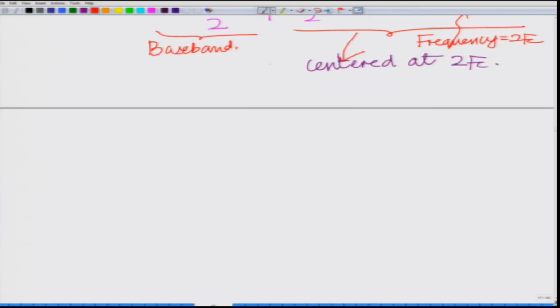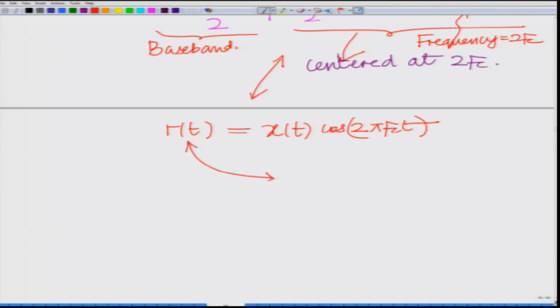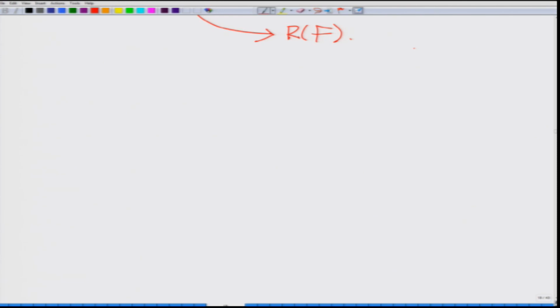So, the spectrum of R t, that is x t multiplied by the coherent carrier, that is R f, I can draw as follows.